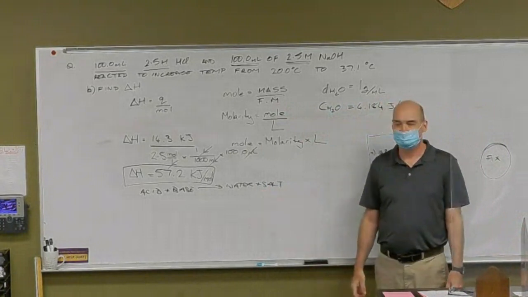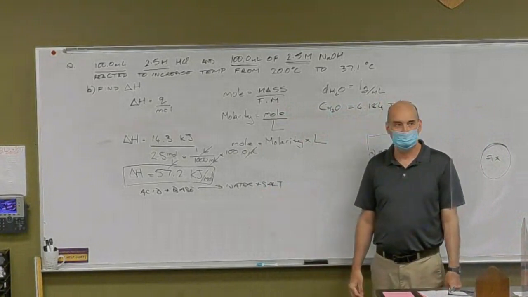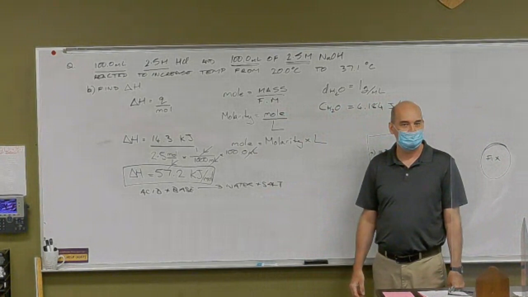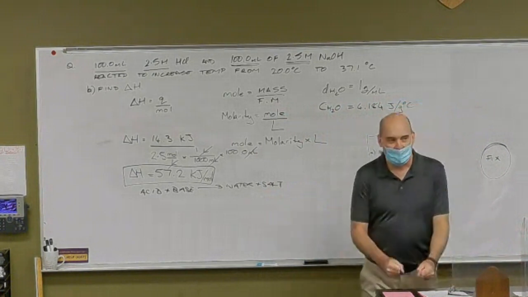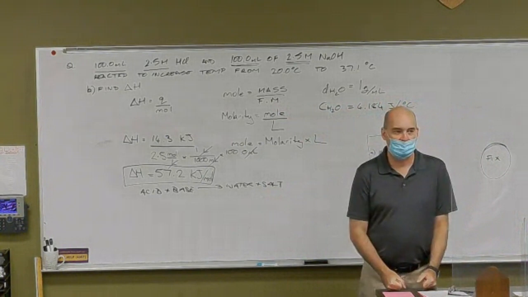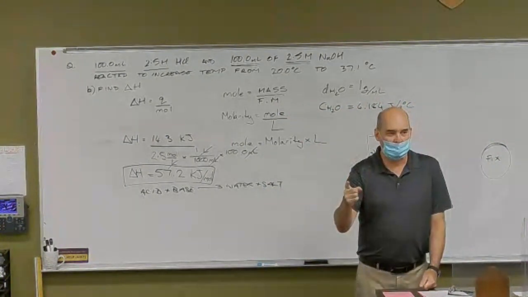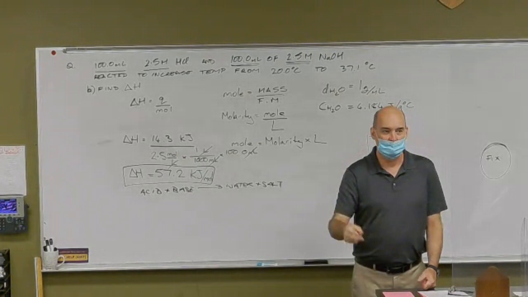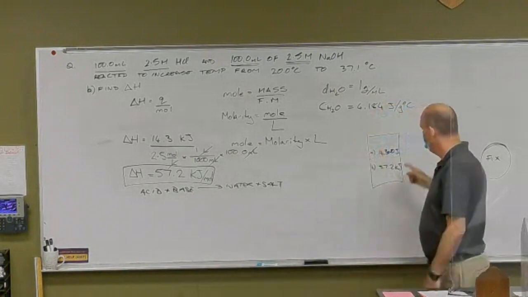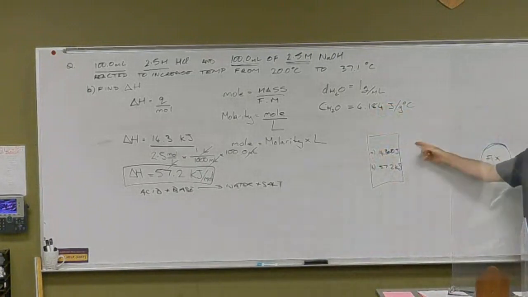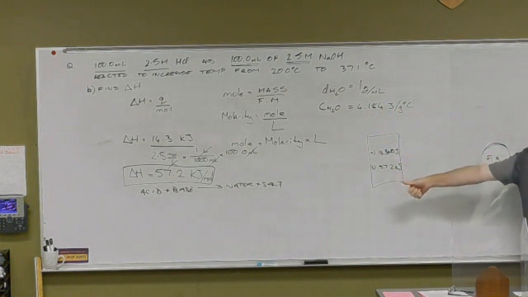It's not that. Energies have a magnitude and a direction. These two answers are magnitudes, but they have no direction. Is this energy going into the reaction or coming out of the reaction?